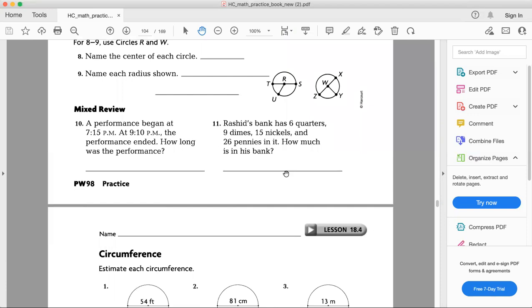Number 10 will be. Remember, the answer will be 1 hour 55 minutes. Very good. Tell me number 11.